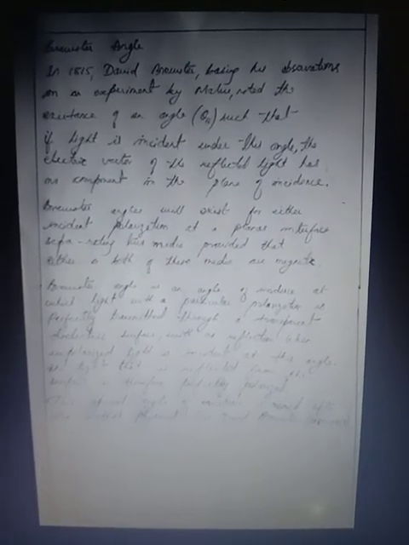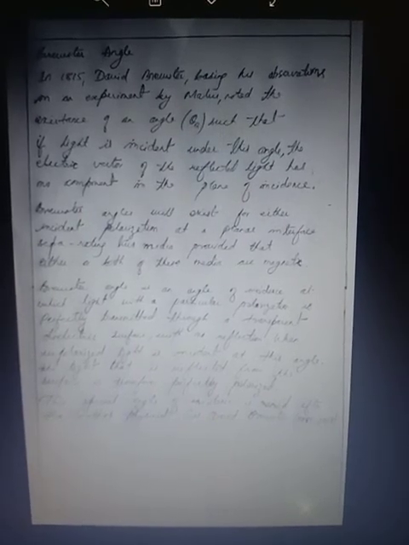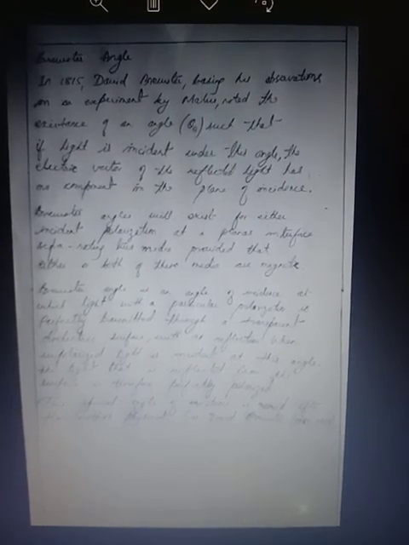Now moving to the next, comes Brewster angle. In 1815, David Brewster, while working on an observation of an experiment by Malus, noted the existence of an angle theta such that if light is incident under the angle, the electric vector of the reflected light has no component in the plane of incidence.